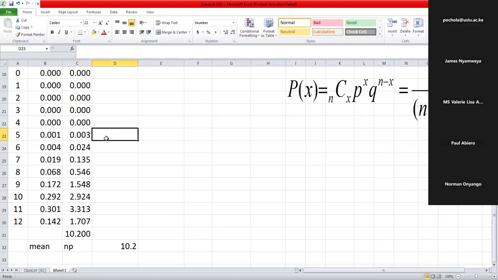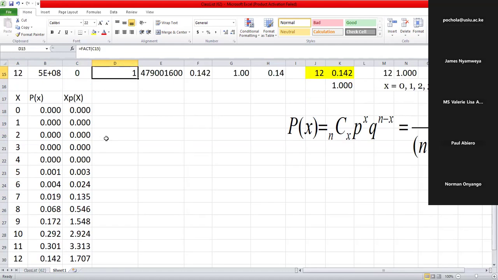Next, standard deviation. Standard deviation, we said last time, also, you subtract x minus 10.2 in this case. Then square them. You subtract those two and square them. We did this last time.